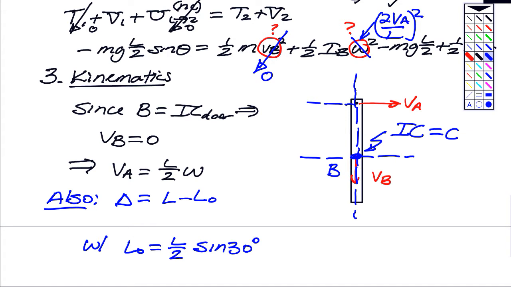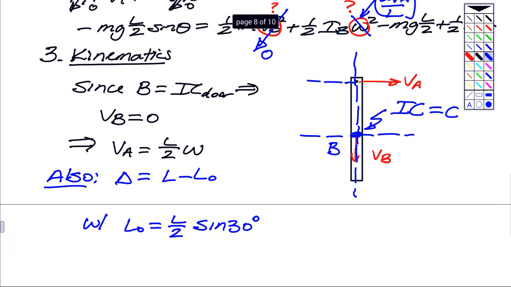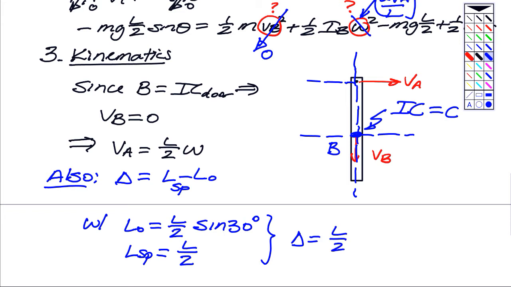I guess L is a bad choice here. This is the L of the spring, so L naught for the spring. The length of the spring at position 2 is going to be equal to half of the length of the door. So in the end, what we have is that delta is equal to L over 2 minus L over 2 sine of theta.